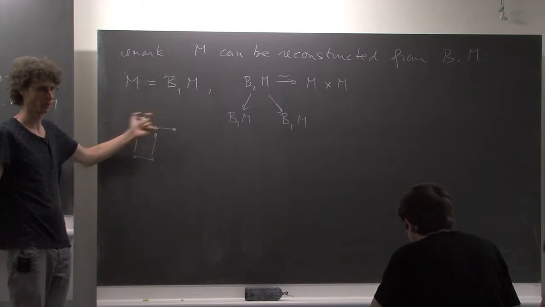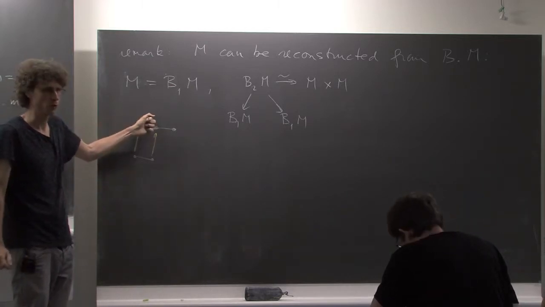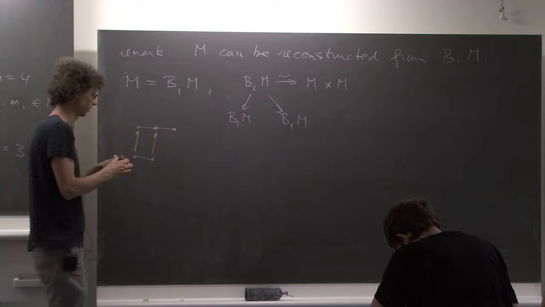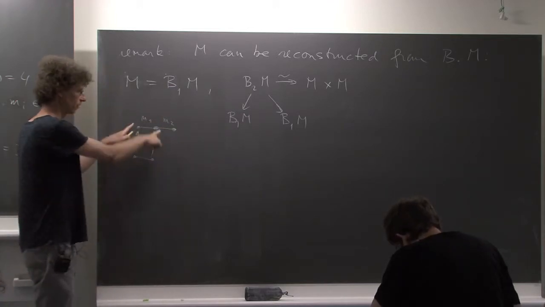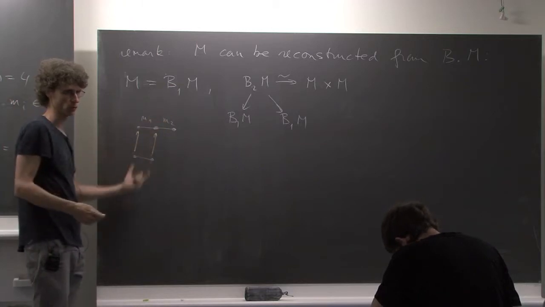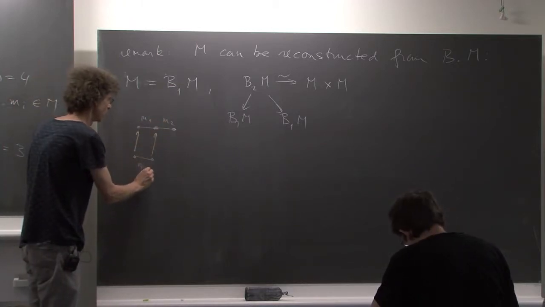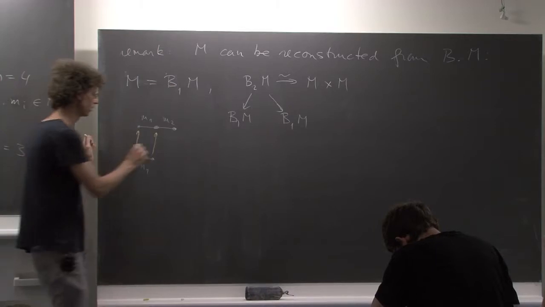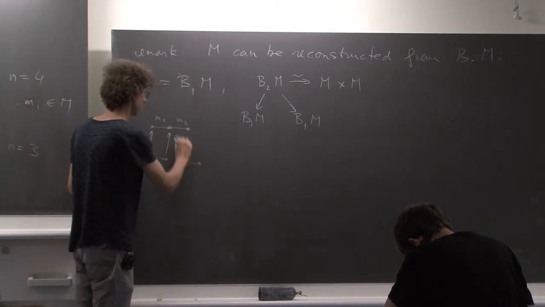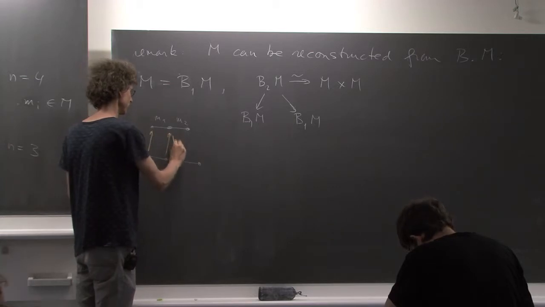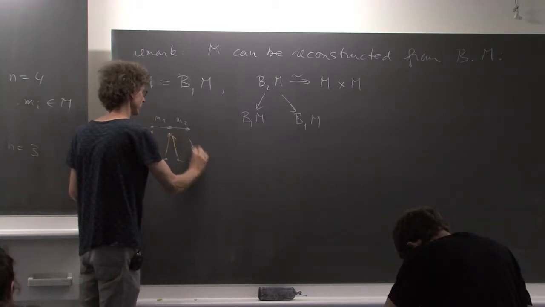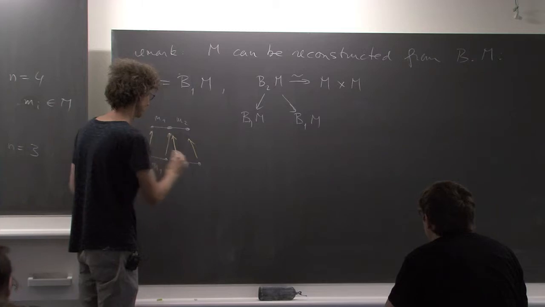Just put it like that, and that will only remember this M1 from here, right? So if here we have M1 and M2, then this thing is a contravariant functor, and it will remember exactly this M1, and the same thing is happening for this map. So there is M2.